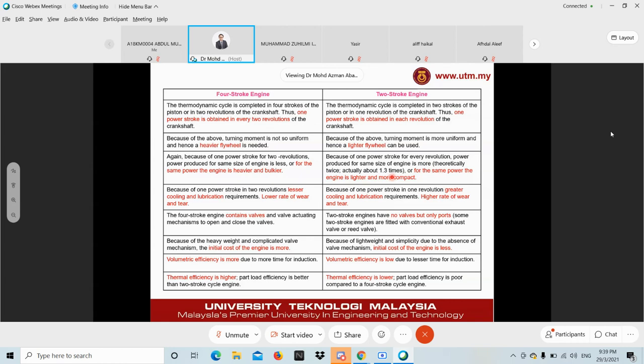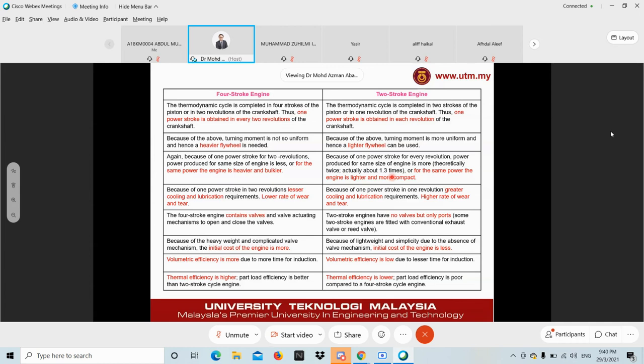rotation. Whereas on a two-stroke engine, because you only need one complete revolution to produce power, you don't need a very heavy flywheel to balance the rotation.